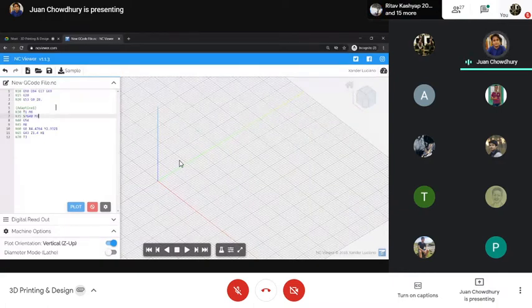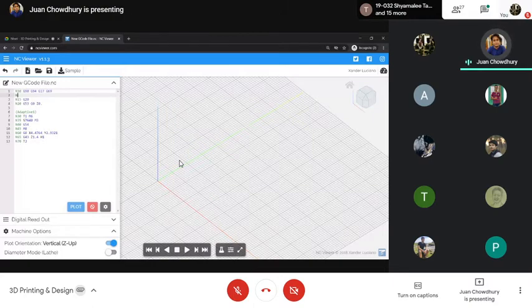The reason we use N10, N15 and not 1, 2, 3, 4 is that somewhere you may want to edit. Say I want to add a line, I can simply write N11, G90. It's always good to have some bracketing, some margins within which it should operate.